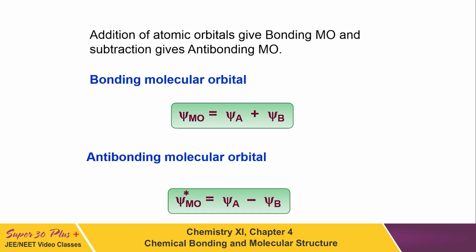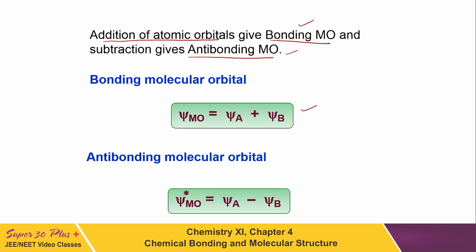Now, furthermore, addition of the AOs. Whichever AOs combine, they give either BMO or ABMO, whether they produce bonding molecular orbitals or anti-bonding molecular orbitals. If they produce BMO, the wave function will be like this.